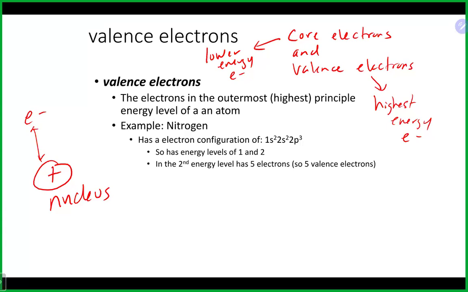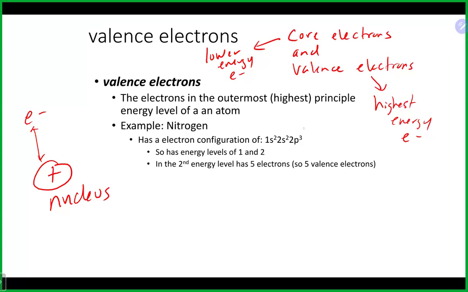Those outermost electrons are not as close to the nucleus, they're not held as tightly, and they're easily shared or easily lost in the bonding process. Core electrons, good luck trying to move those electrons out. They're just held too tightly for that to happen.